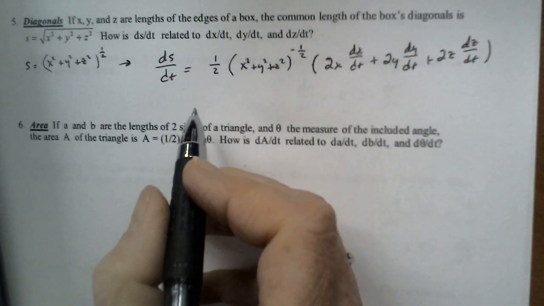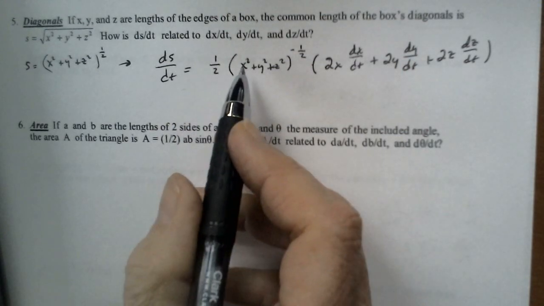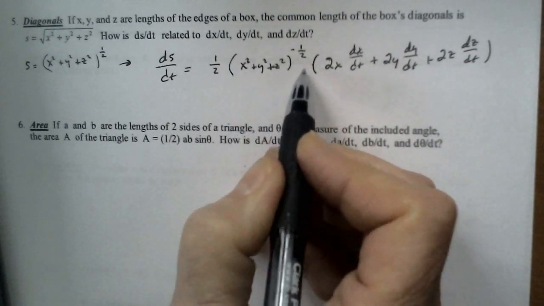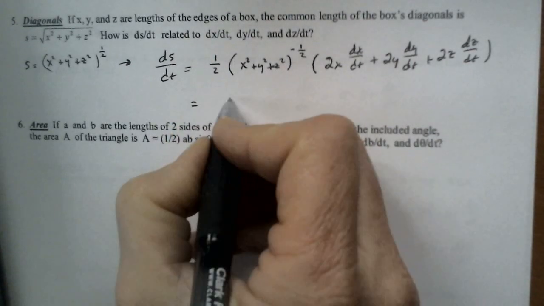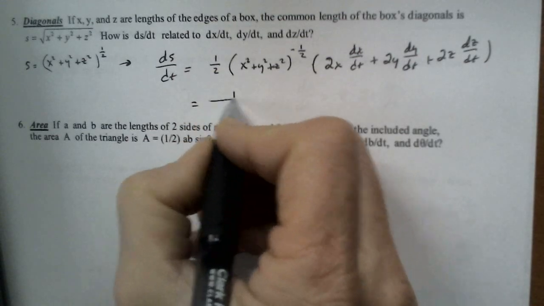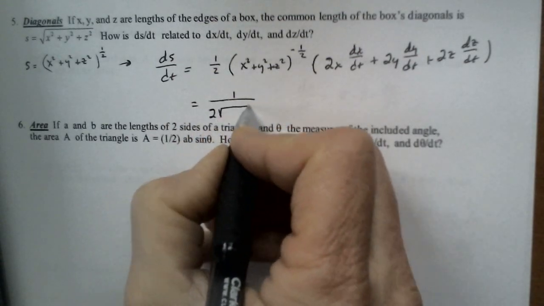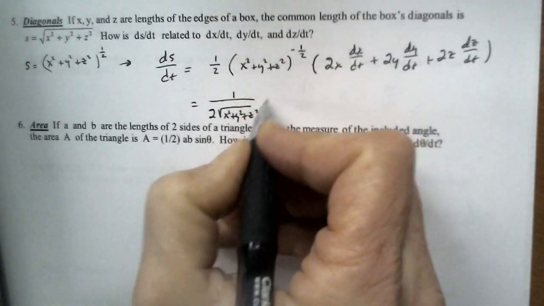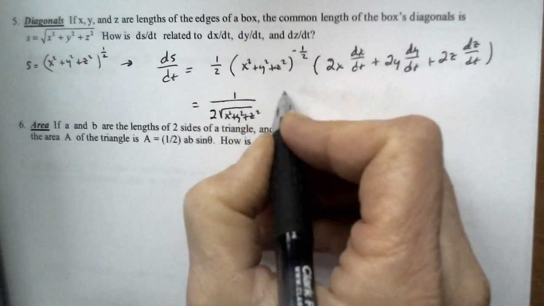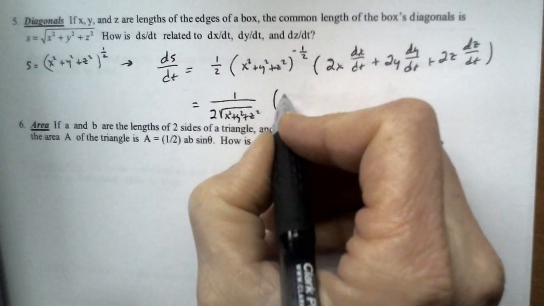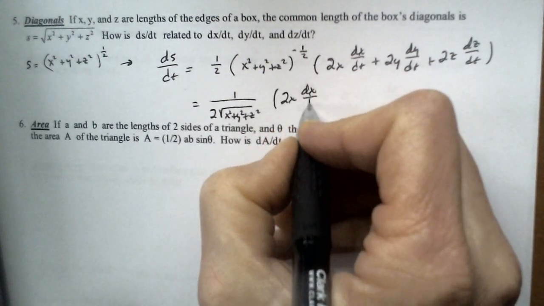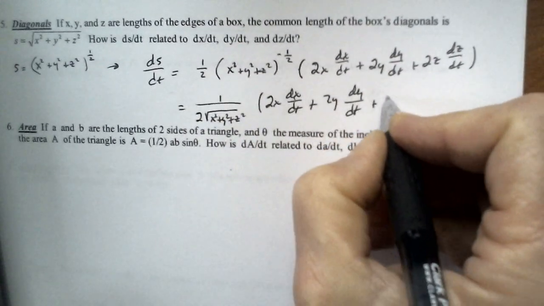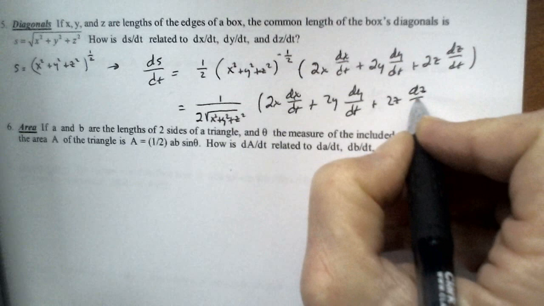The only thing that you could really do, if you wanted to simplify this, is move this square root down to the denominator, and you could put this as 1/2 times the square root of x squared plus y squared plus z squared, which would take care of that. And then you could multiply this by 2x dx/dt plus 2y dy/dt plus 2z dz/dt.